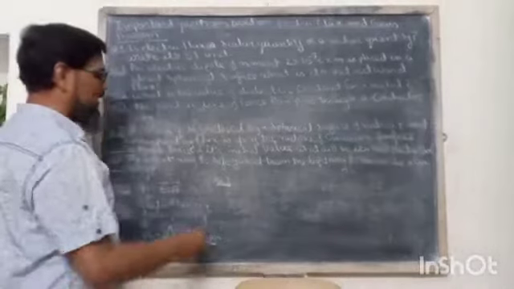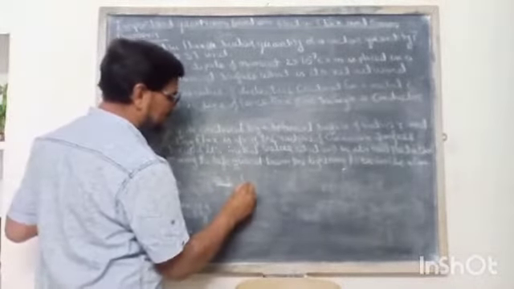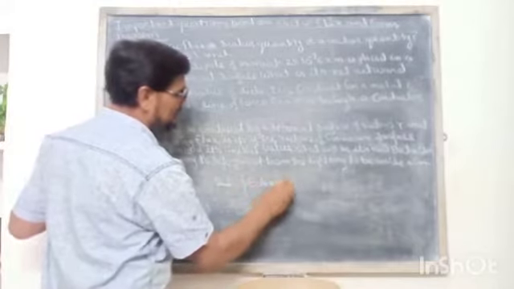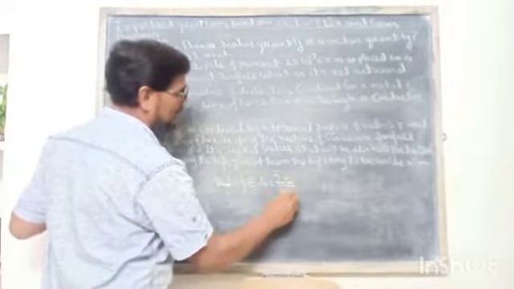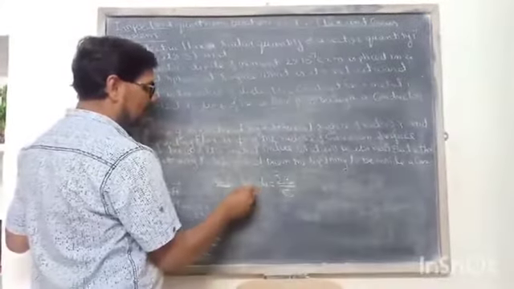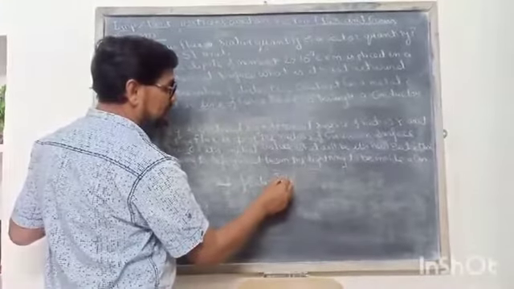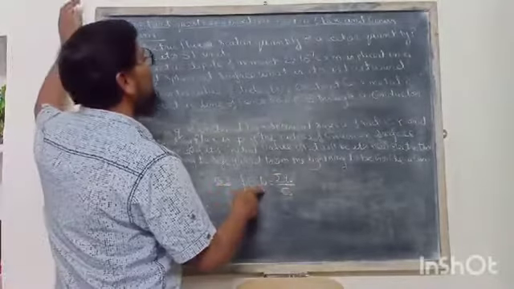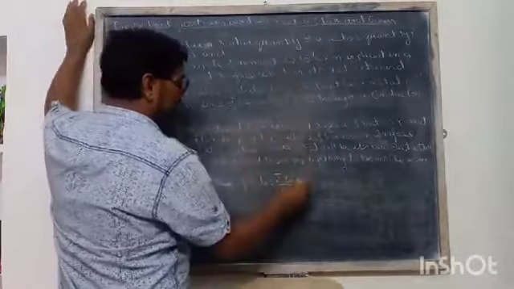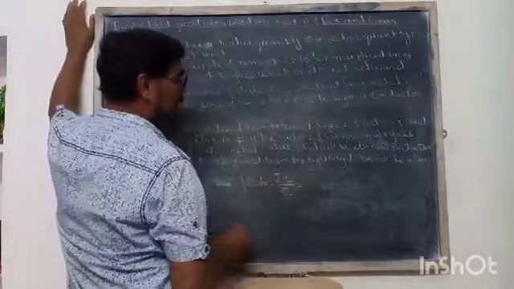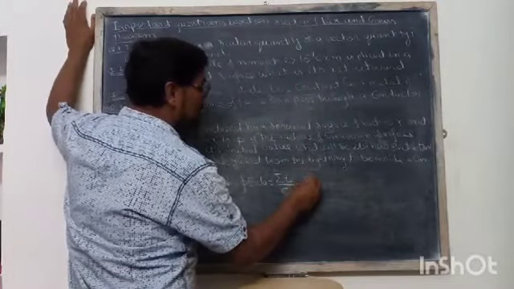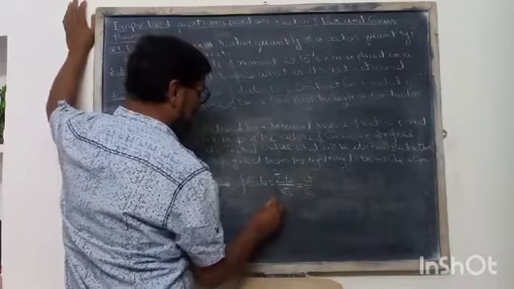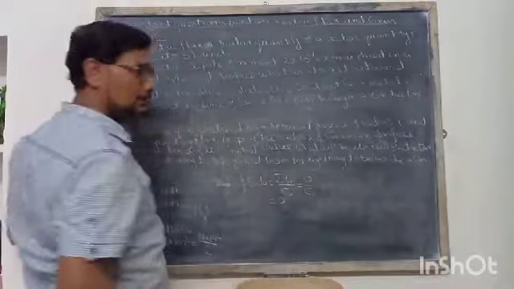This can be solved by the Gauss theorem, and we know that the net outward flux, integral of E dot dA, is equal to summation Q upon epsilon naught, where Q is the algebraic sum of all charges enclosed by the surface. Since it is a dipole, the total charge of the dipole is 0 because equal and opposite charges are separated by a distance, so the net outward flux will be 0.